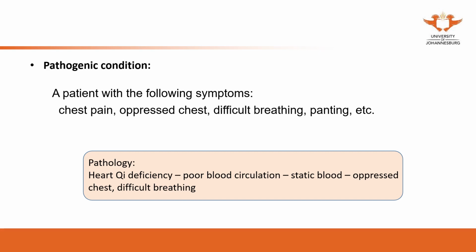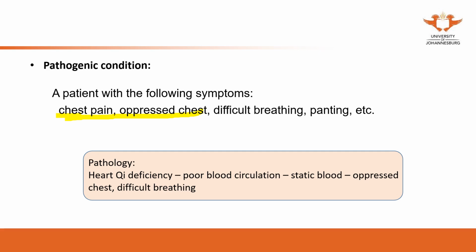what's the pathology? The heart deficiency, which we call the poor circulation, and then we have the symptoms of the chest pain or oppressed chest, which also indicates the heart yang deficiency, and then the poor circulation can result in stagnant blood.